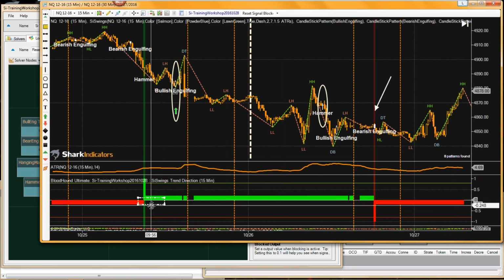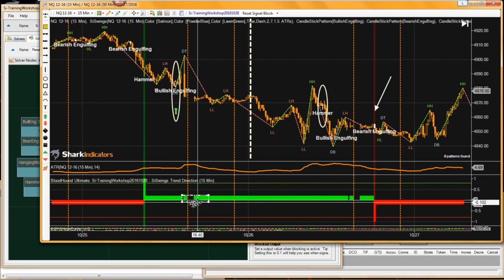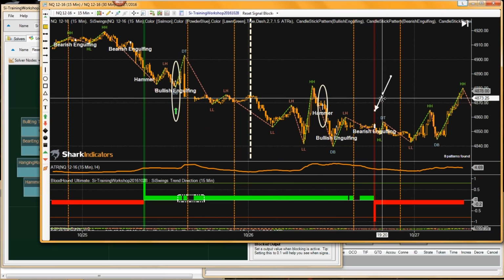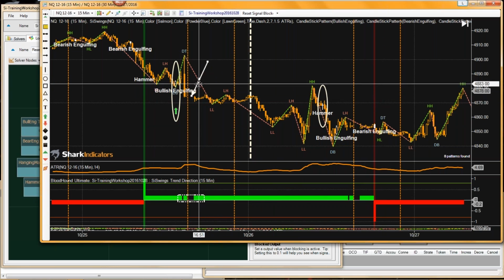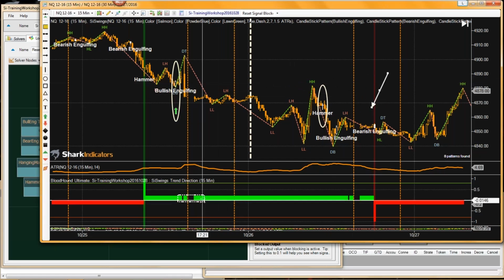And over here, once we got this long signal, we can see that BloodHound is now blocking long signals all throughout here. And you'll notice that sometimes there's a gap right there, and it looks like the signal blocker is not blocking. Well, look at your chart. There's also a gap in the data right there too. That's why. There are no bars printing there. It has something to do with the session template.